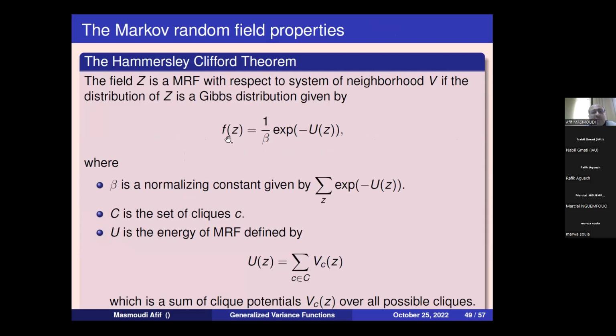Here we assume that the distribution of Z is given by this expression, which is the Gibbs distribution, and beta is a normalizing constant.